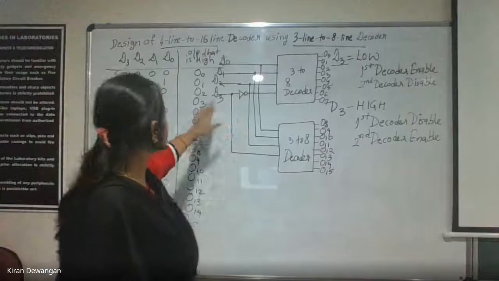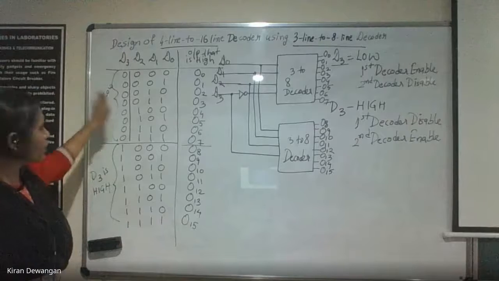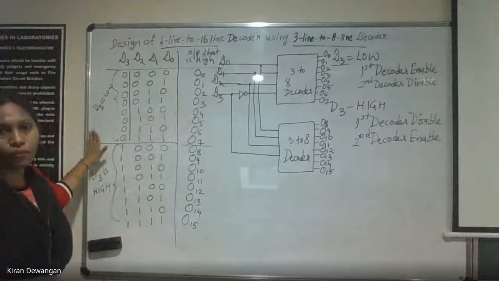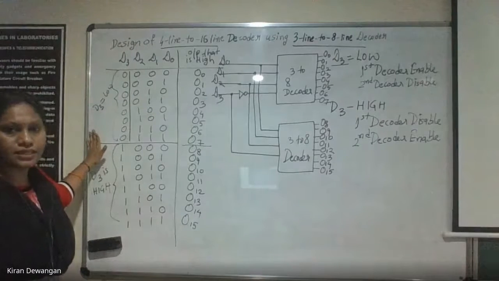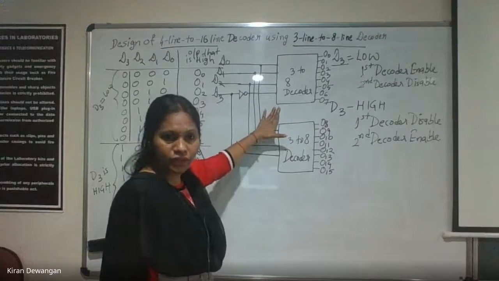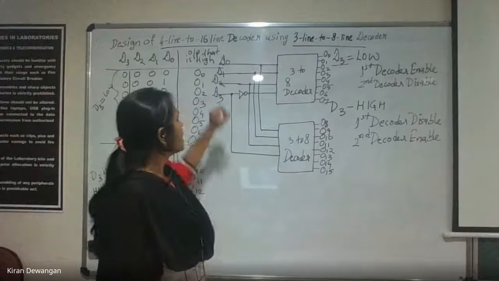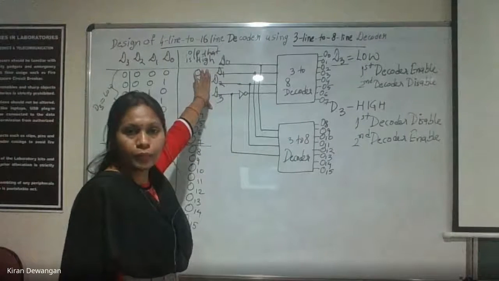ठीक है, तो सबसे पहले आप ये ड्रॉ करोगे. This is the truth table that we get, this output by these combinations for 4 to 16. Now after this, since we have to make use of 3 to 8 decoder, we'll be designing two 3 to 8 decoders and we'll be having 4 inputs.